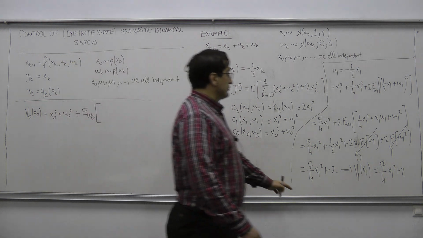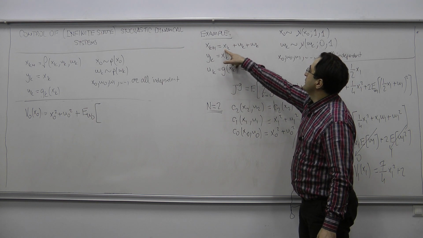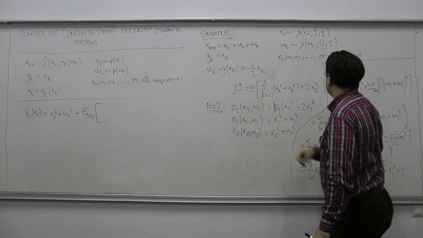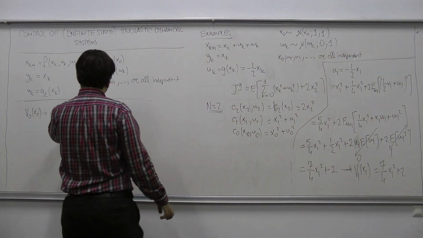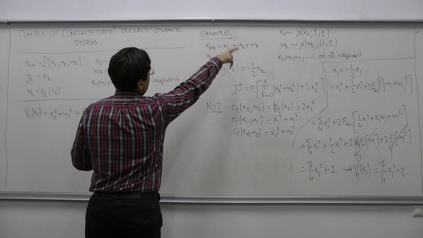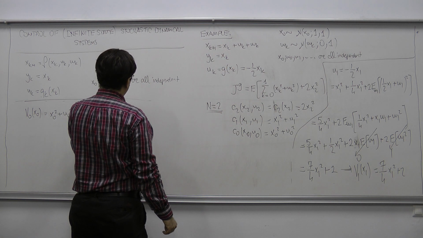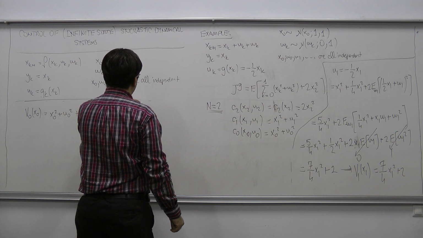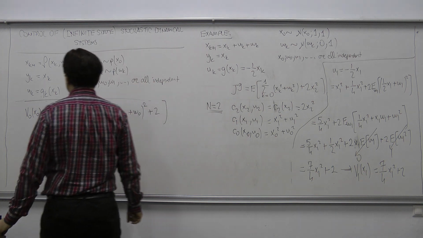I am going to use this V1 formula here, and instead of x1 there, I would substitute x0 plus U0 plus W0. Okay? So I will write this into the expectation, 7 over 4, and instead of x1, I'm writing (x0 plus U0 plus W0) squared, which is there, plus 2. Okay?